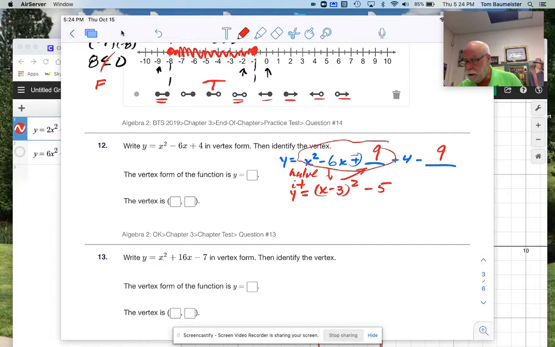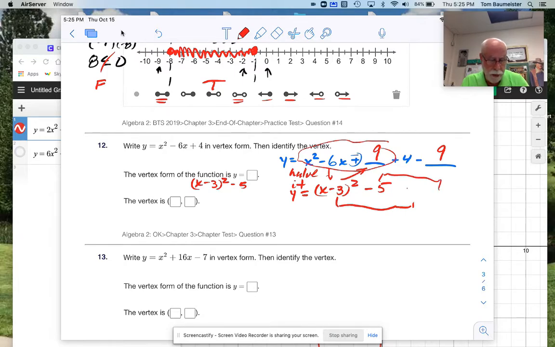So let's see. On our answer here, the vertex form, they already have the y equals. So you're going to tell me x minus 3 squared minus 5. You have to put that one in there. And then the vertex, remember, the vertex is going to be the opposite of that one and the same as that one.